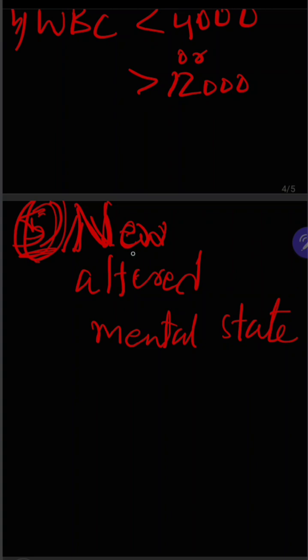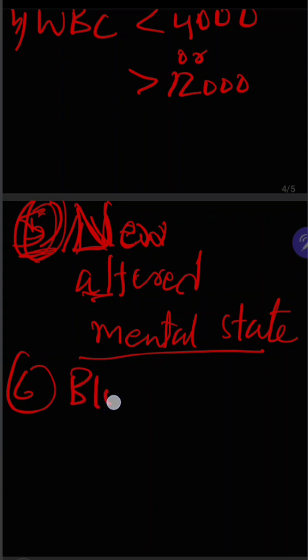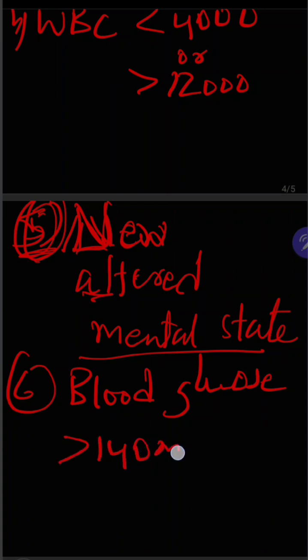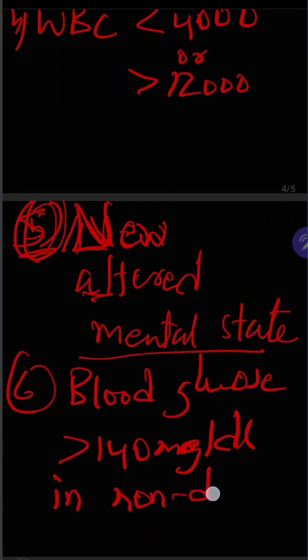Because of that also the patient will have altered mental state. And then the sixth one is blood glucose. Blood glucose should be more than 140 milligrams per deciliter in non-diabetic patients, because in diabetes the sugar will anyway be very high.